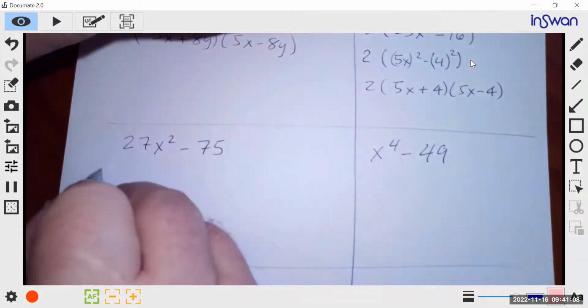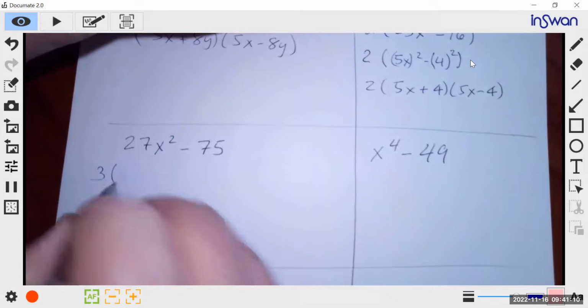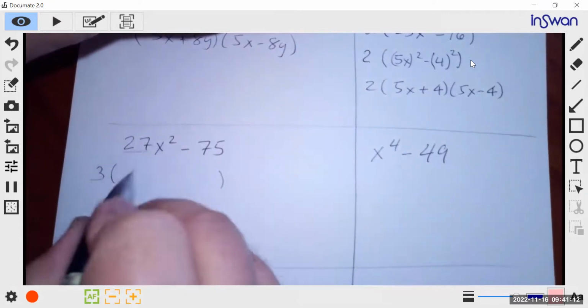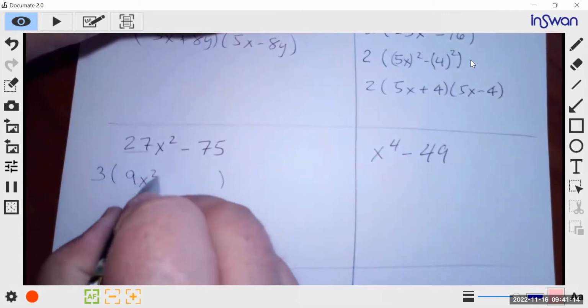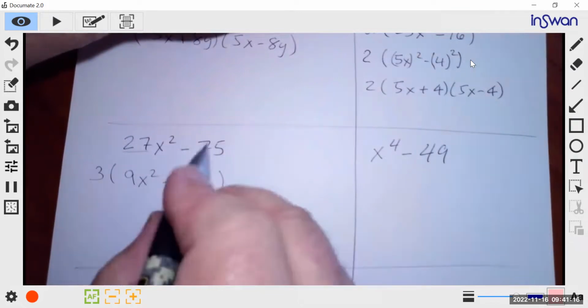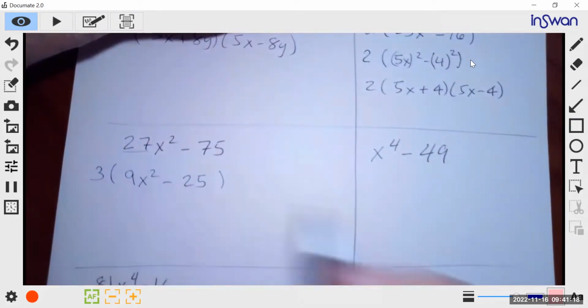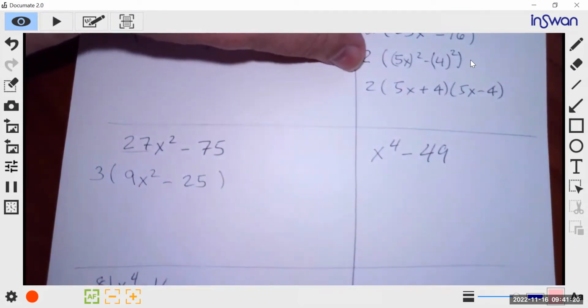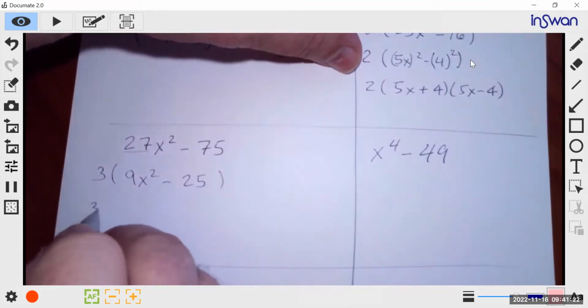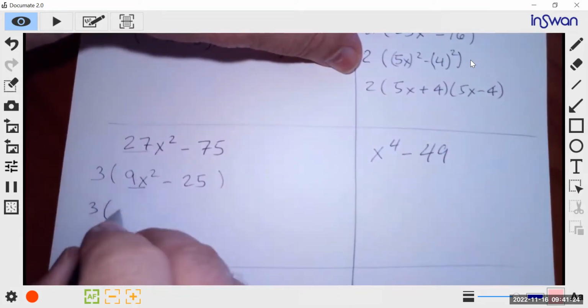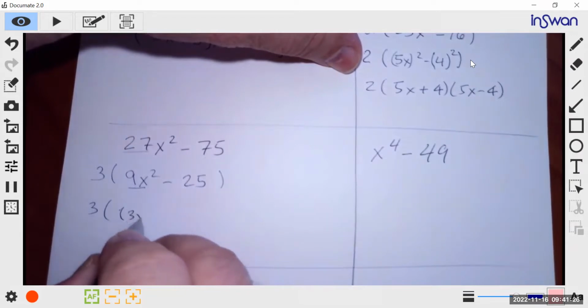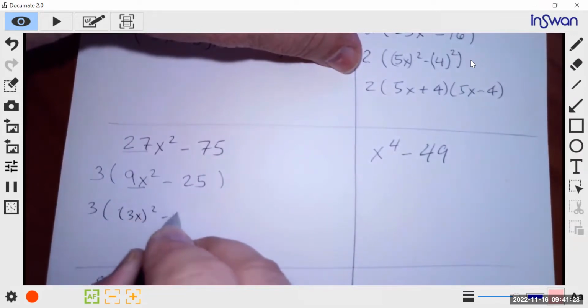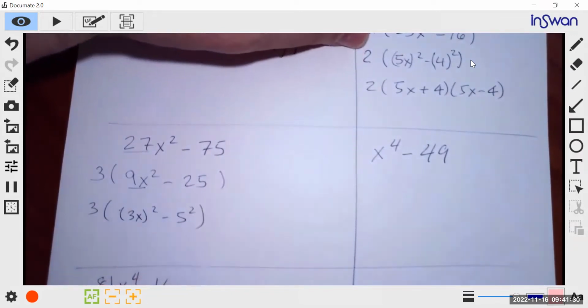If we take out a 3, what do we have left here? There you go. Now we have squares. So the first one is going to be in parentheses 3x squared minus 5 squared.